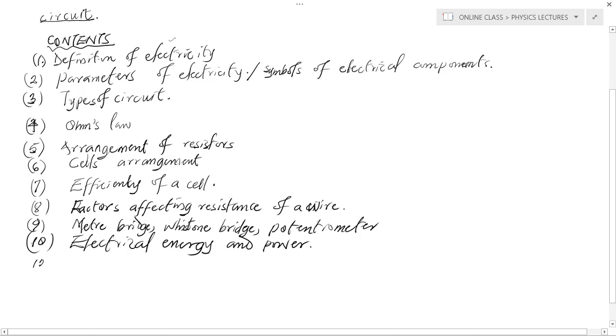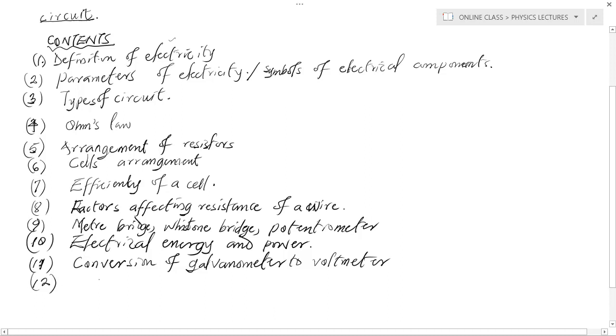After that, we'll discuss conversion of galvanometer to voltmeter, and we end it with conversion of galvanometer to ammeter.